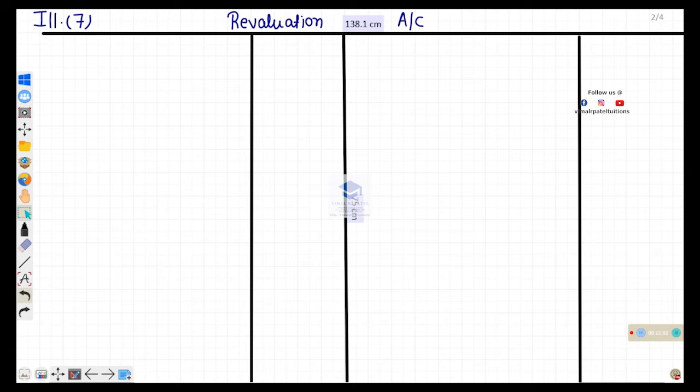Now, the value of land given in the balance sheet is 5 lakh and the new value is 7 lakh. So there is an increase in value of land. So it will be credited to revaluation account.